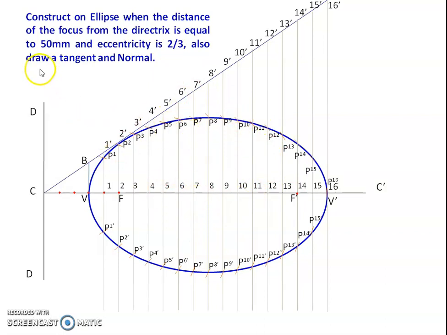Now you have to draw the tangent and normal. Normally some problems give a distance for the tangent. In this problem no distance is given, so you take any distance from the curve. From here itself, on the ellipse, draw one line.